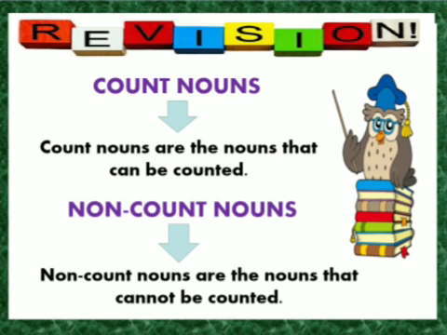So all these nouns can be counted and are described using a number. Therefore, these are count nouns. Non-count nouns are the nouns that cannot be counted. Nouns like water, milk, honey, sand, traffic, air are the nouns which you cannot count, which you cannot describe using a number. So these are non-count nouns.